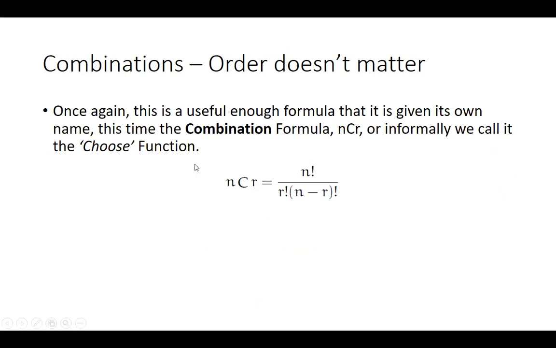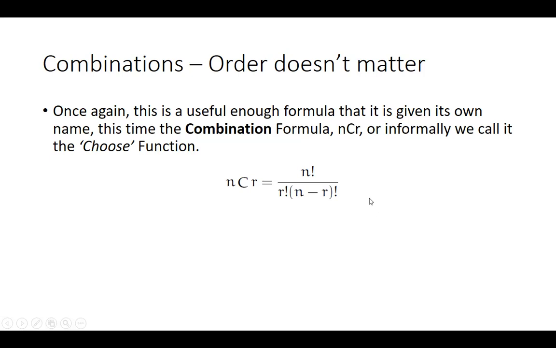We can use this form of the formula for something called the combination. Once again, this is a useful enough formula that it's given its own name. Instead of nPr for permutation, we call it nCr for combination, or informally, we can call it the choose function. So nCr, or n choose r, or n combination r, would be n factorial over r factorial times n minus r factorial.